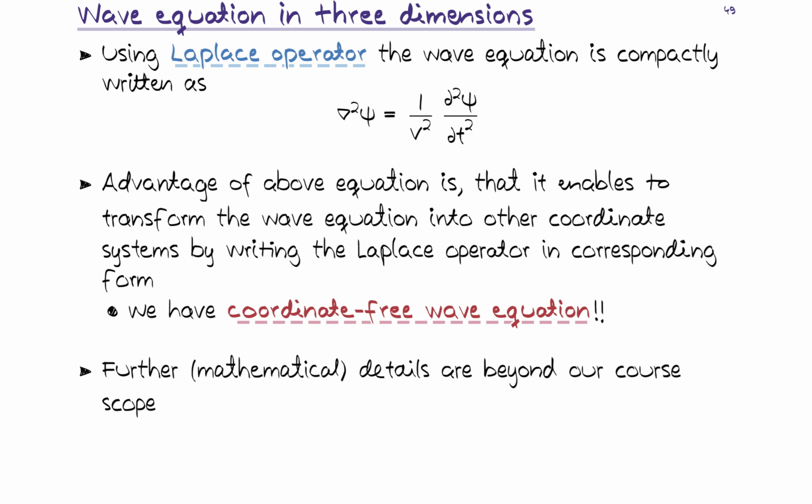In many cases, when we want to describe electrodynamics, the radiation of electromagnetic radiation in a more arbitrary way, we might need to change our coordinate system from a Cartesian basis into something else.